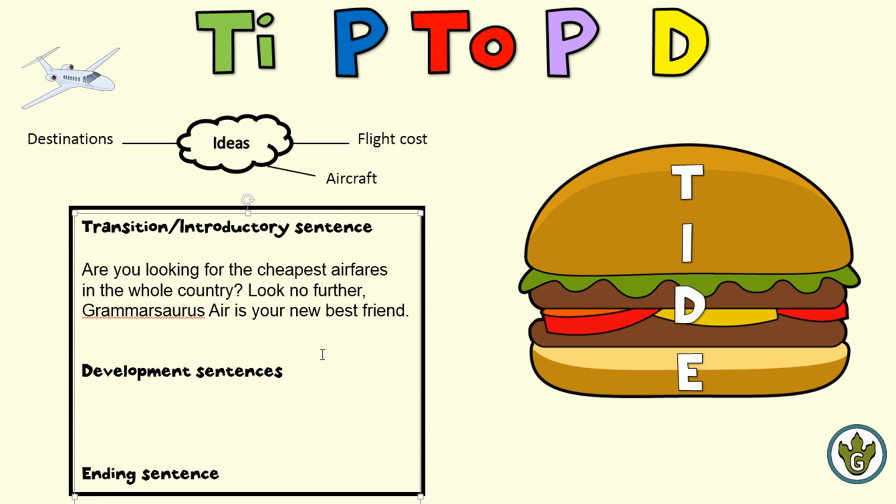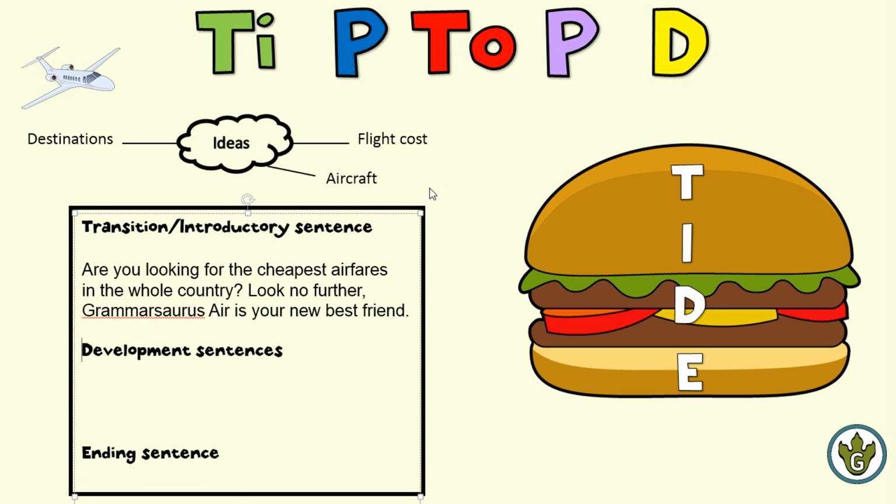So, I've introduced my topic that I'm talking about flight cost. So, we're starting with this one. So we can start to get rid of this. So I've started with my introductory sentence here. Now, that's my opener, my bun. Now I need the meat in the middle. Let's extend further on my airfare.